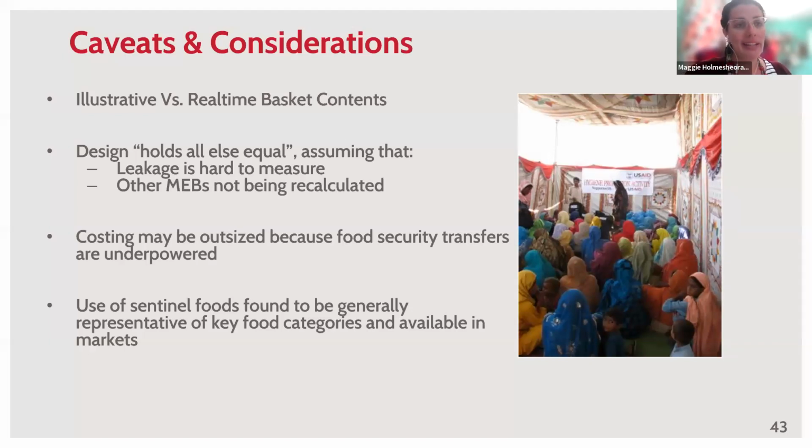We also knew going into this that because of challenging funding environments and also because of the way that MEBs are designed, focusing on calories rather than micronutrients, these nutrition transfers would likely be outsized in their cost because the food security transfers are underpowered fundamentally for nutrition. And so our approach going in was that it's very important to know what's the cost for actually meeting the gap.